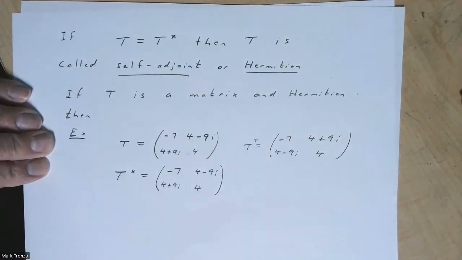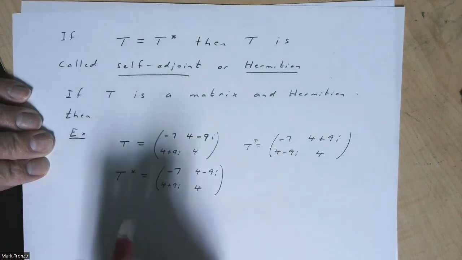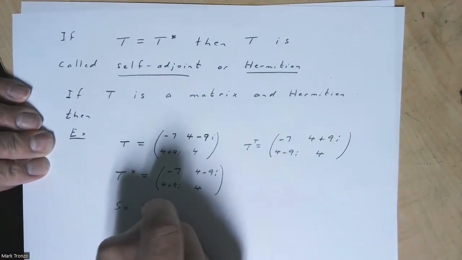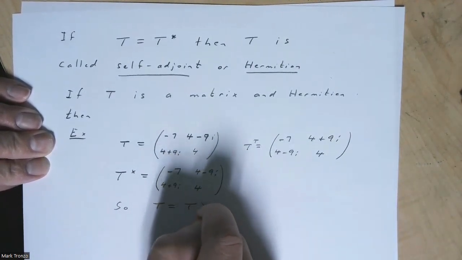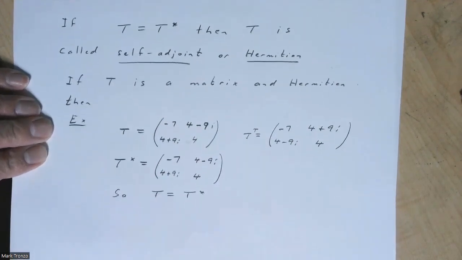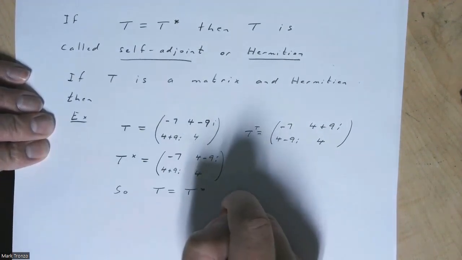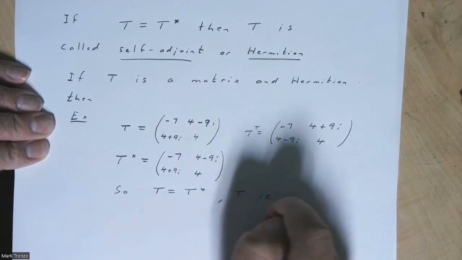So there's an example where T is equal to its conjugate transpose, or its adjoint. T is Hermitian.